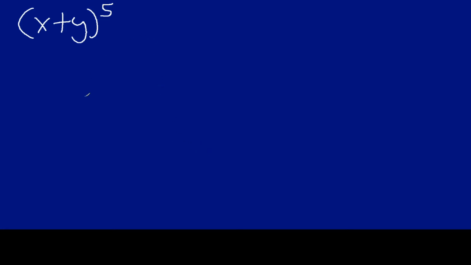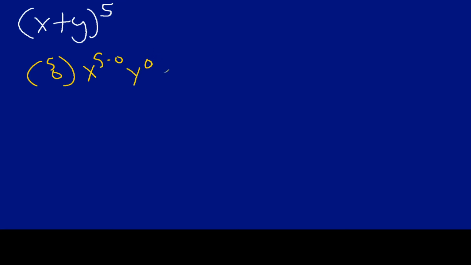So let's do this. What I need to calculate is as follows. I have to go 5 choose 0. Oh, I might need more space than that. So how about this? 5 choose 0, and then we're going to have x to the 5 minus 0, and then we're going to have y to the 0, like this.